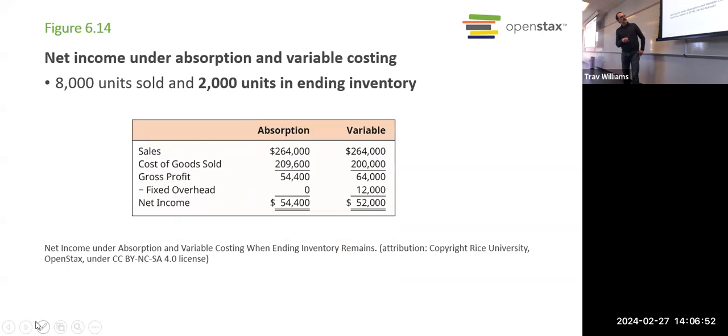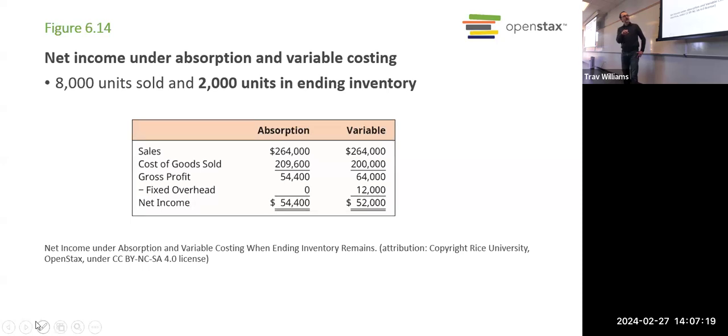So as we see, the net income is higher under absorption than it is under variable. Now, what's the difference? How much of a difference are we talking about? $2,400, right? Now we see the $12,000 of fixed costs here. They did show up in this calculation. They just didn't show up in this part.